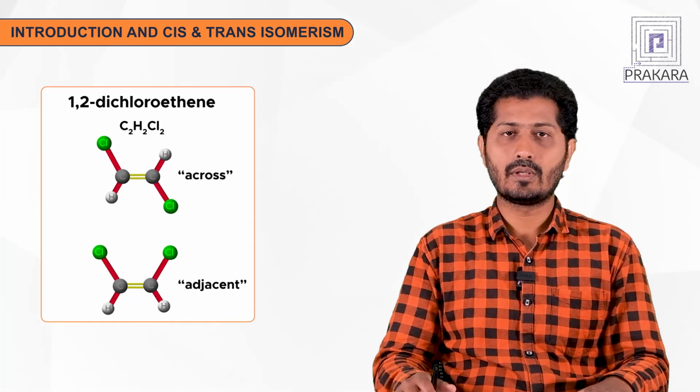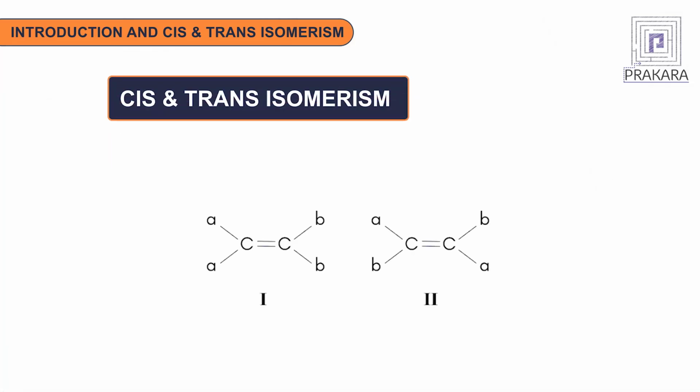Let us see a few of the different types of geometrical isomerism. The first type of geometrical isomerism is cis and trans isomerism. Here, cis and trans isomerism should have two different groups on the double bond.